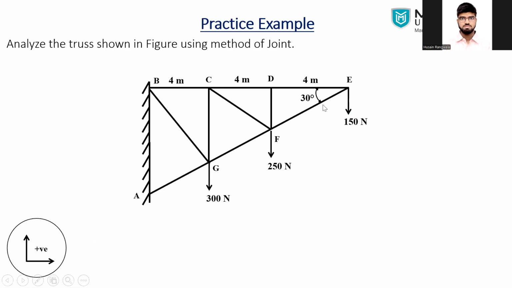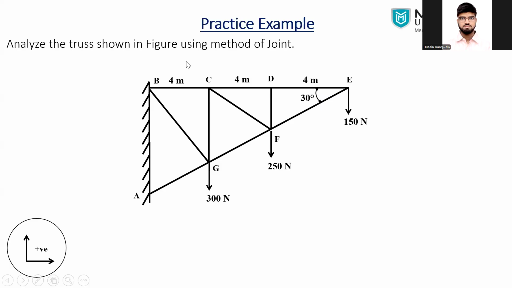One of the angles is given as 30 degrees. The remaining angles we will determine as and when required. As of now, I have considered as sign convention that upward forces and right hand side forces in each free body diagram are positive. The opposite direction we will consider negative. So let me start the solution of this practice example.